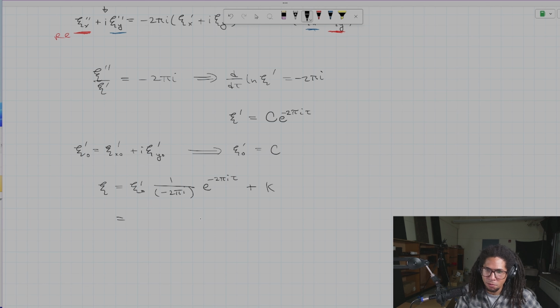I can move this minus i to the numerator and turn it into an i. So I get i xi naught prime over 2 pi e to the minus 2 pi i tau plus K.